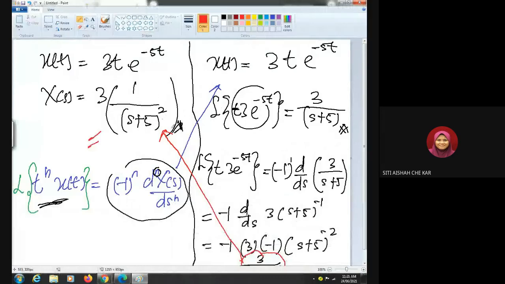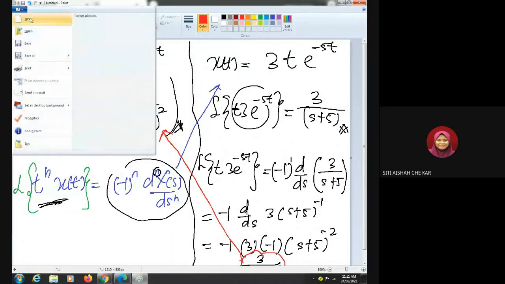Macam yang ni, you can choose whether you gonna Laplace 3t dulu, lepas tu guna properties exponent, ataupun yang ni you boleh Laplace 3 exponent dulu, lepas tu pakai T power of n. It will produce the same answer, but my advice is when you see this question, automatic use this one lah. But sometimes you don't have any choice. Okay, contohnya soalan macam ni.